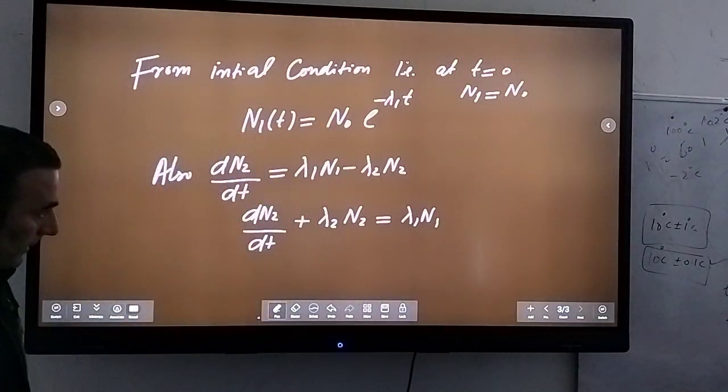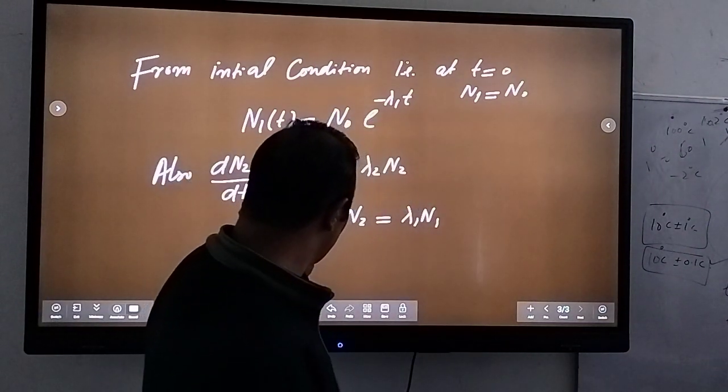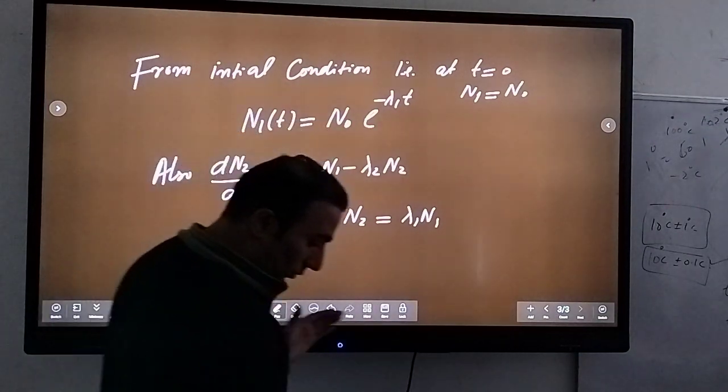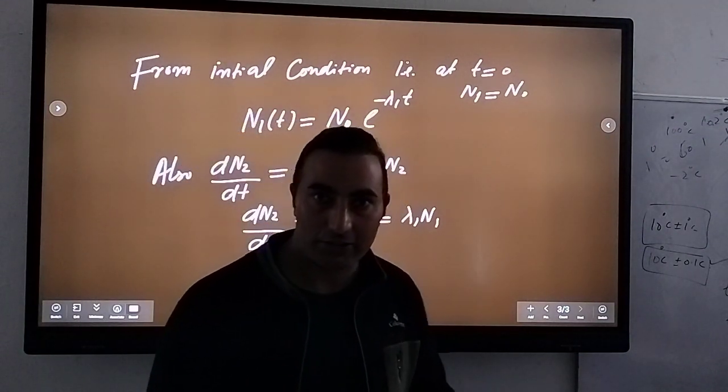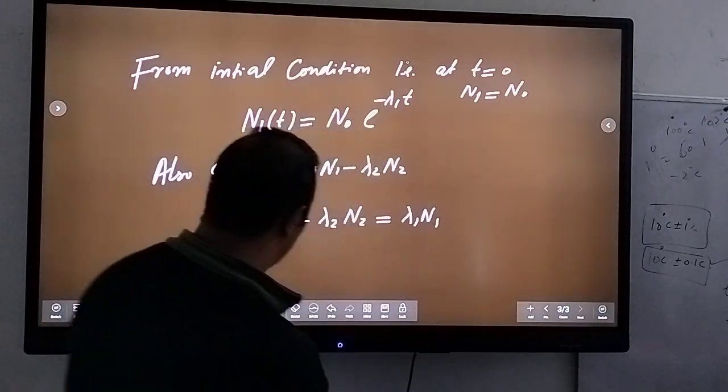Now this time, because we are differentiating with respect to N2, if you check, this is not a homogeneous differential equation. It is an inhomogeneous differential equation, and it is in this form.